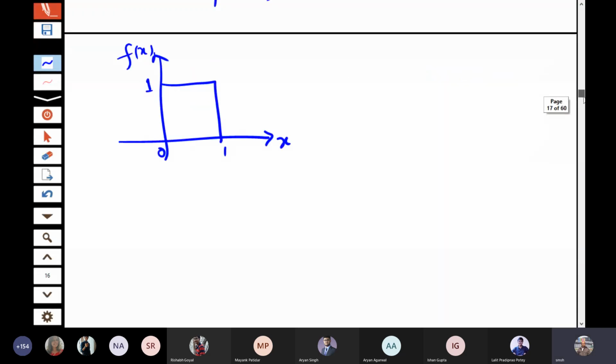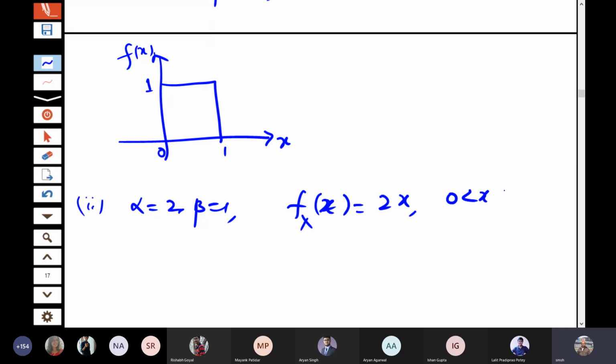Similarly, if I take various choices, say alpha equal to 2, beta equal to 1, then the distribution is 2x, 0 less than x less than 1. So what is the form of this distribution? 2x is simply this form.